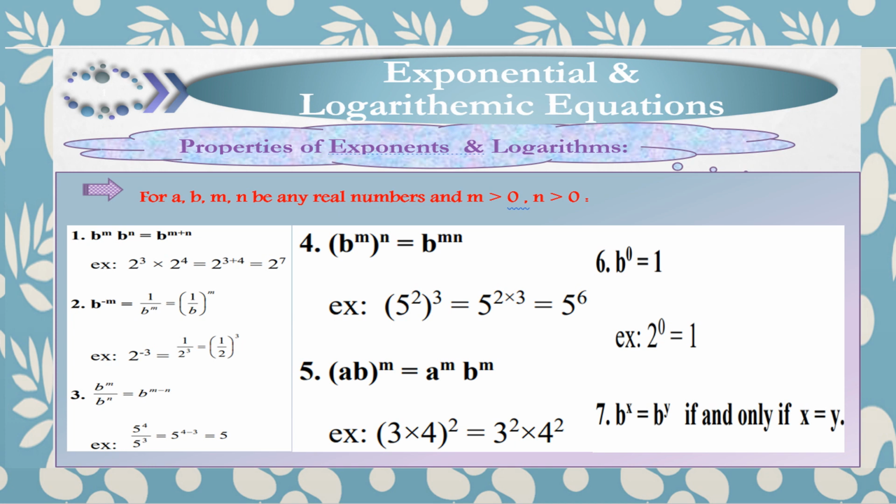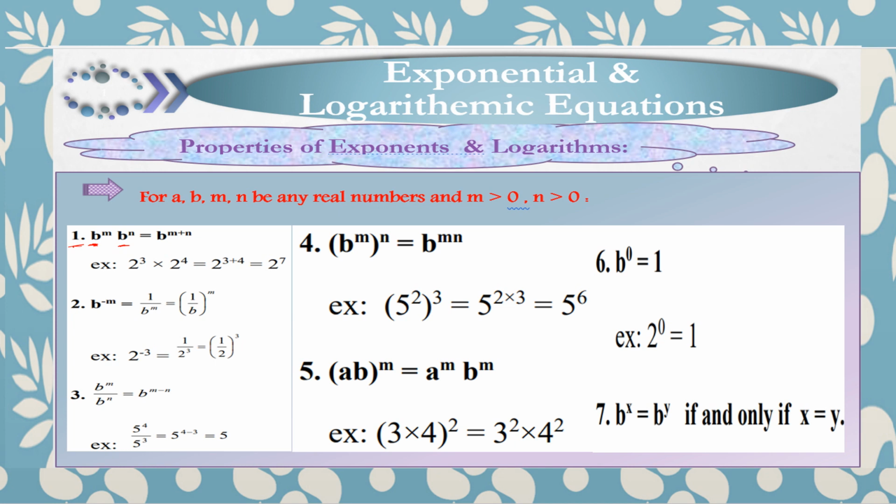For a, b, m, n any real numbers, where m is greater than 0 and n is greater than 0, we have the following properties. Property number 1 is the multiplication property. If we have b to the power m and b to the power n multiplied by each other, so we have the same base with different exponents, then this equals b to the power m plus n.